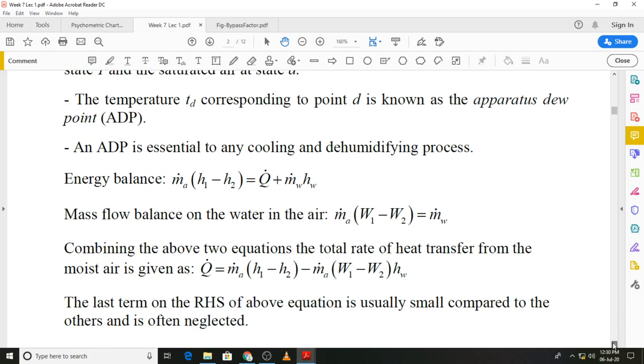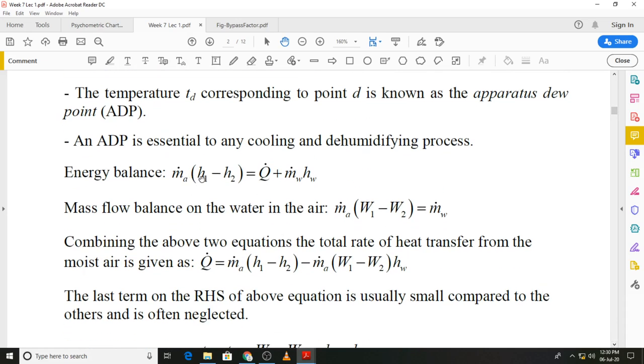represented by the equation m dot a into h1 minus h2. So that means incoming air had an energy content m dot a h1, and you had minus q over here because energy was being removed from the air. So if you take that minus q onto the other side, that becomes q.